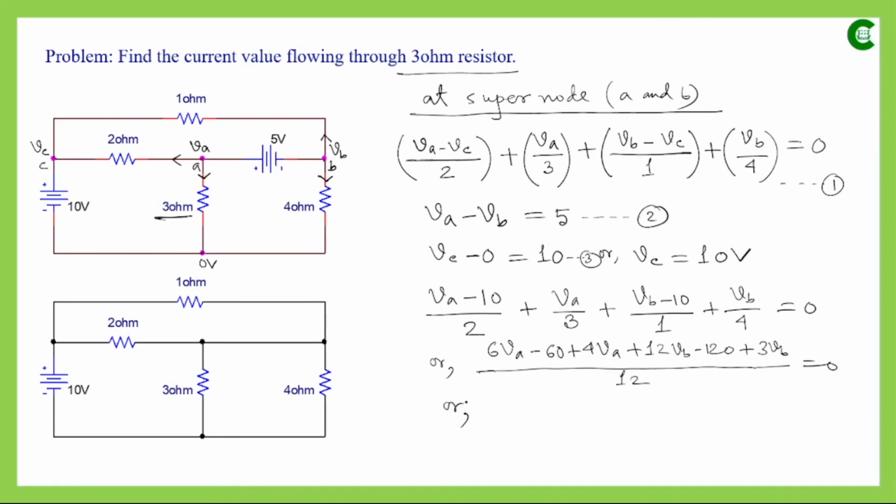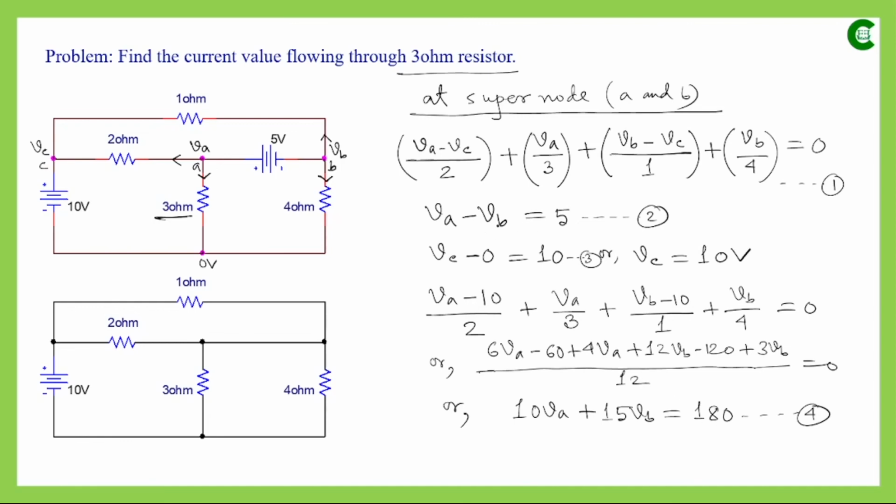If we simplify further, 6VA plus 4VA is 10VA, and 12VB plus 3VB is 15VB, and we have minus 60 minus 120. Now if we take it to the other side, it will be plus 180. So this will be our fourth equation, 10VA plus 15VB is equal to 180.